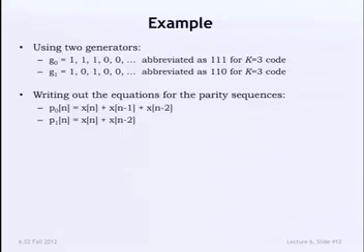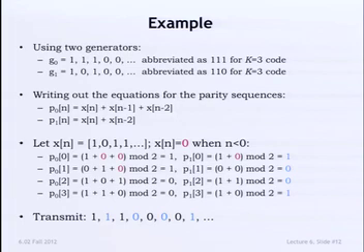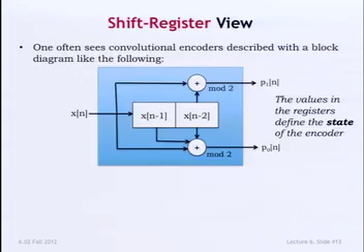Now, I'll have this up on the slides, you can crank through the equations, but it's not the most illuminating way to think of things. It's much easier to think of it visually through a block diagram of this type and using the idea of what's called a shift register. So what is a shift register? You may have encountered it in other places.